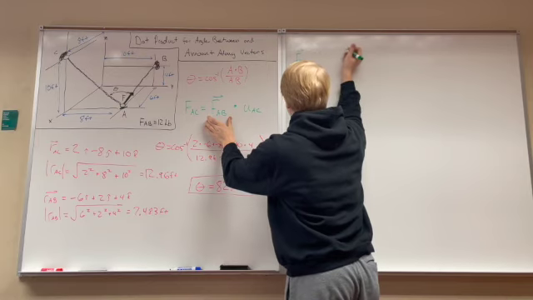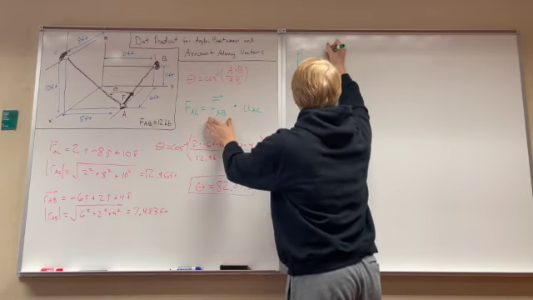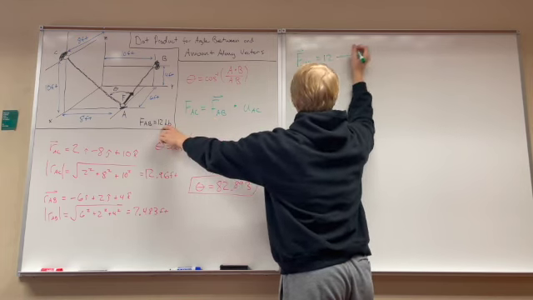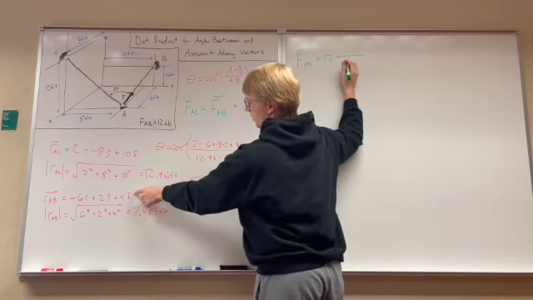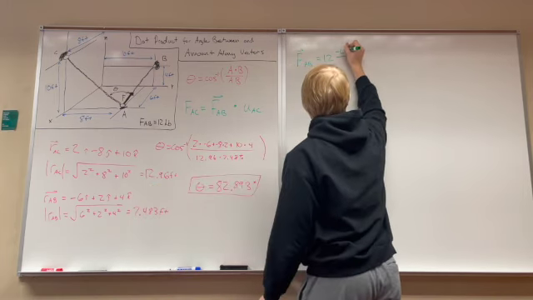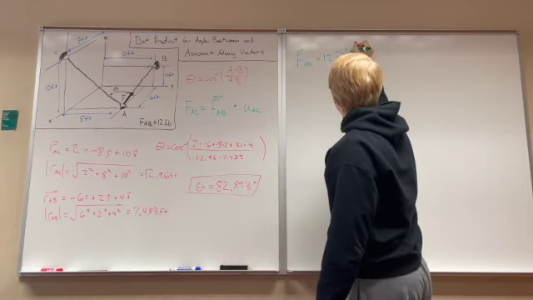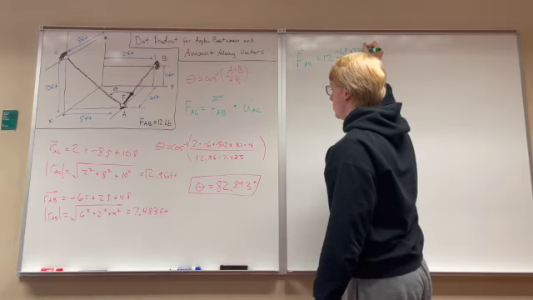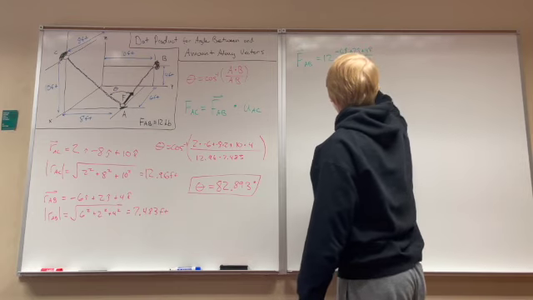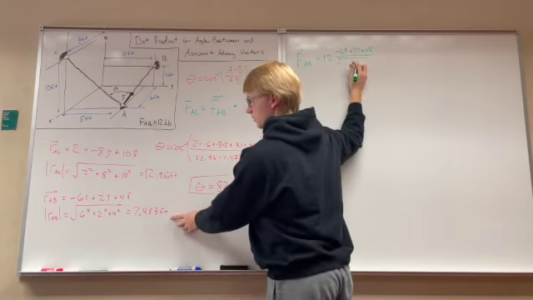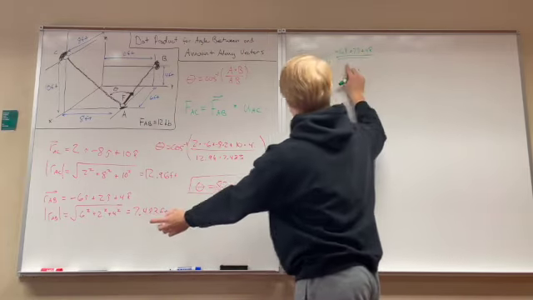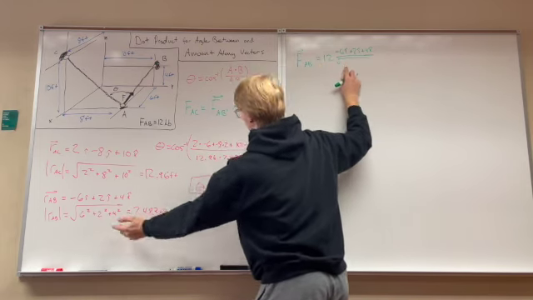From A to B, it's going to equal the magnitude, which is 12, times the vector notation of the direction, 6 i hat plus 2 j hat plus 4 k hat, divided by the length of the hypotenuse, which is going to be the square root of 6 squared plus 2 squared plus 4 squared.